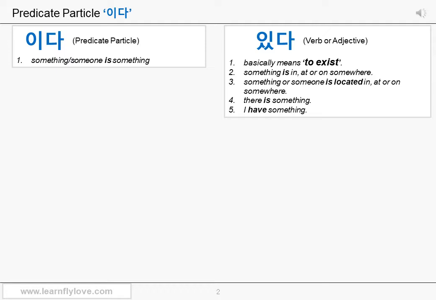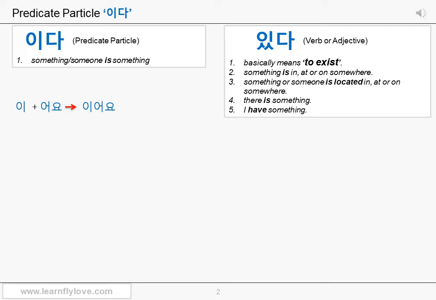Let's see how it conjugates with the present simple and the past tense endings. It conjugates slightly differently. Let's learn the present simple tense form first. The stem of the predicate particle 이다 is of course 이. You might want to add the ending 어요 to put it in the present simple tense. Then it will be 이어요, 이어요.